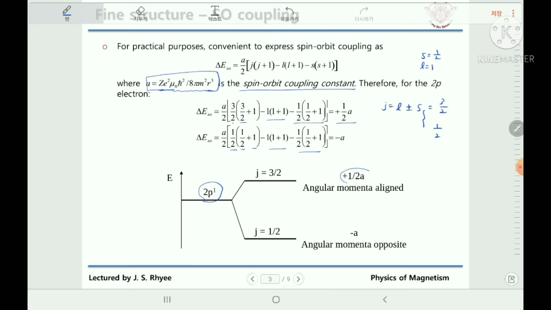One is 1/2 a, and the other is minus a. In one case the angular momentum L and the spin are parallel with each other, and in the other case L is antiparallel with the spin. Therefore, there is an energy difference between 1/2 a and minus a, and the energy gap is 3/2 a.